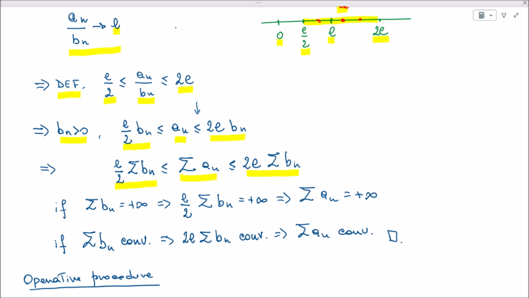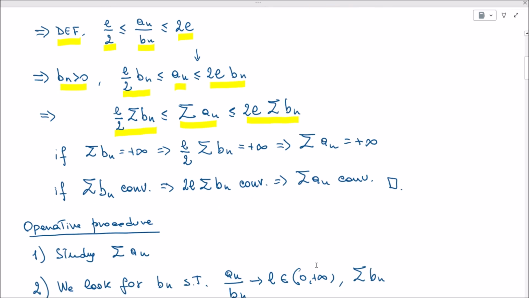And now let's see from this inequality what can we conclude. Well, you see that if we take the limit now as n goes to infinity, and we see that the series sum Bn, which is the limit as n goes to infinity of the partial sum, is diverging to plus infinity.